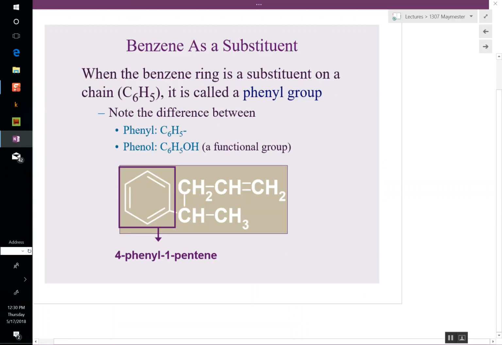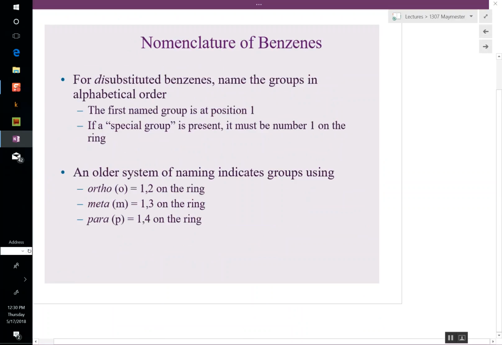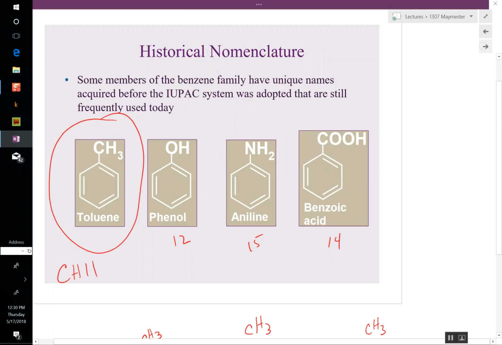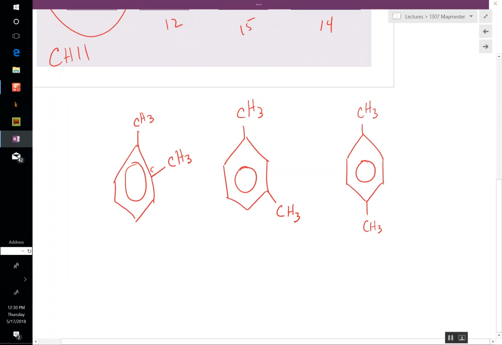Where is it? Yeah, we've got ortho, meta, and para. So this is the ortho position. This is the meta. So this is the ortho. Meta position, M, or the para position, P.